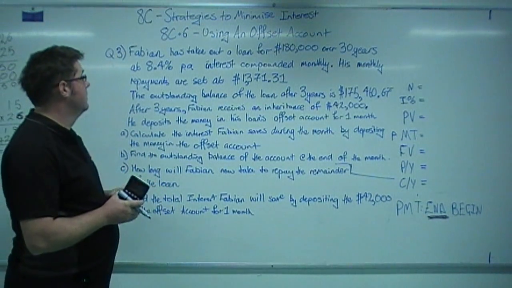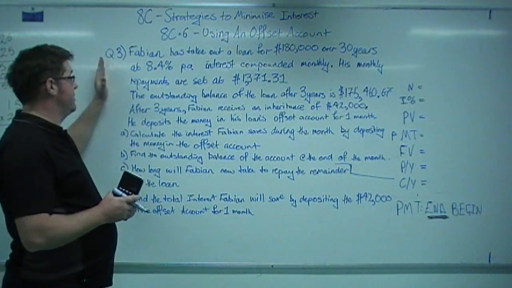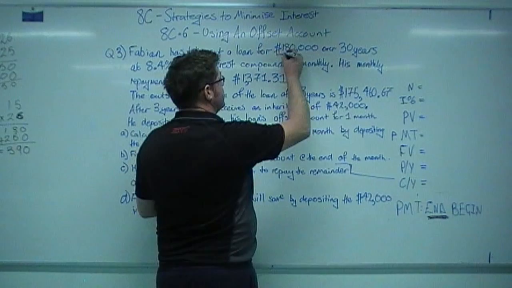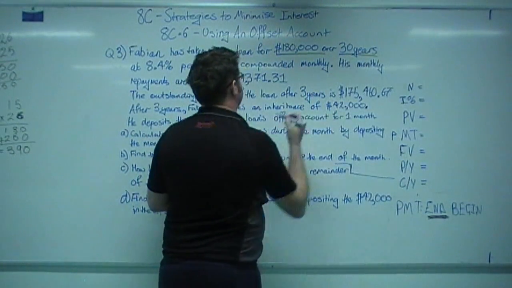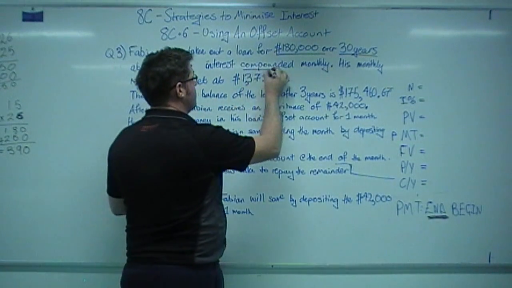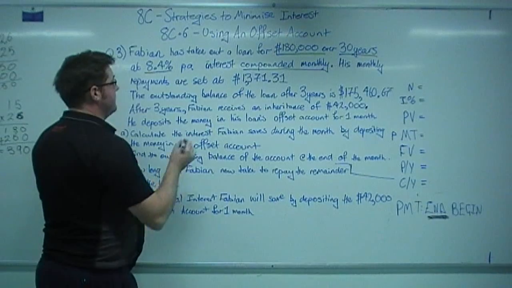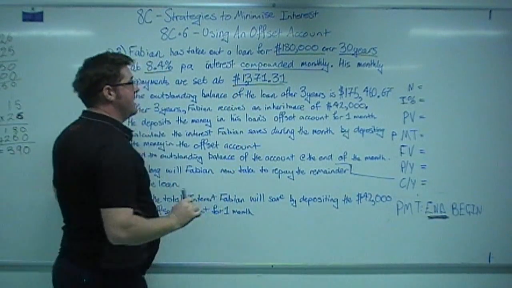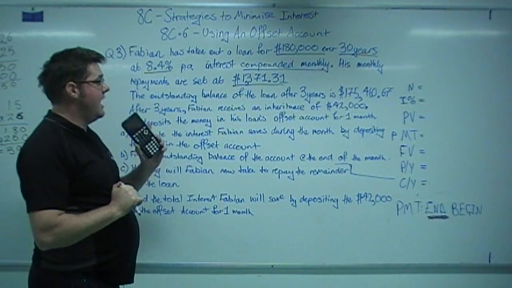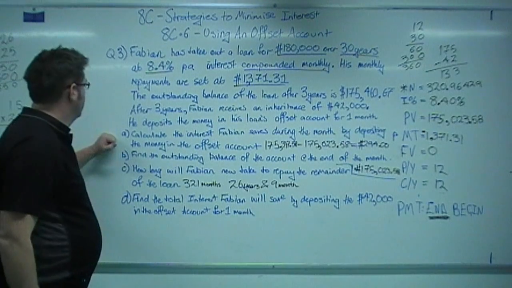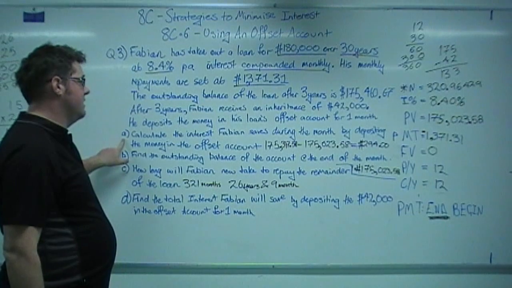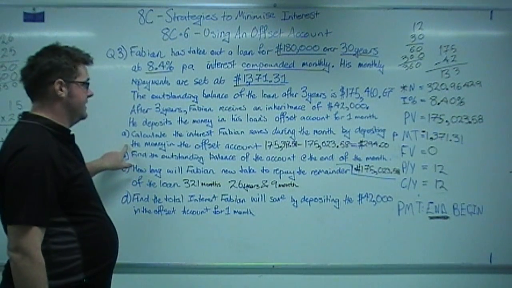All right. So in this instance for question 3, Fabian has taken out a loan for $180,000 over 30 years at 8.4% per annum, interest compounded monthly. His monthly repayments are $1,371.31. So for 3A here, we're asked to calculate the interest Fabian saved during the month by depositing the money in the offset account.